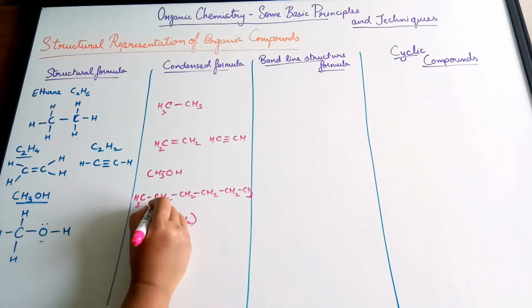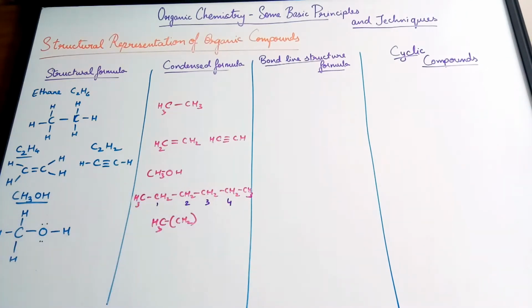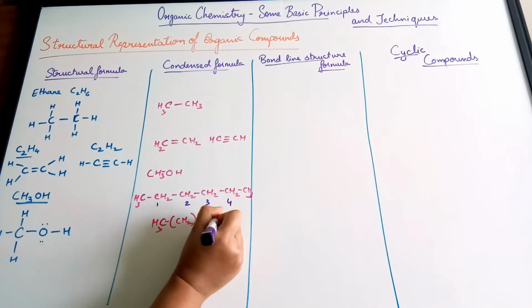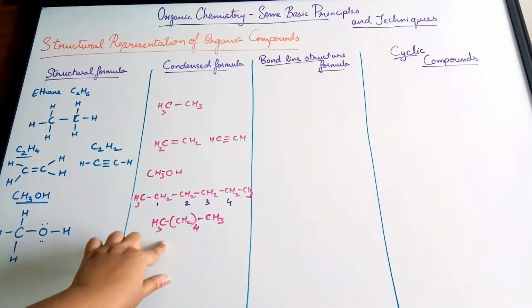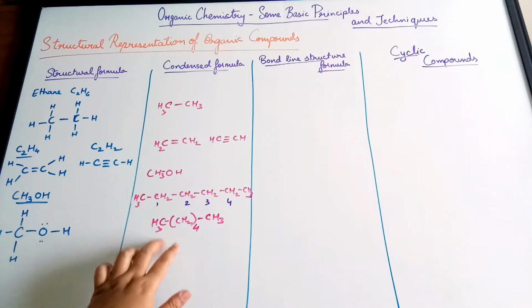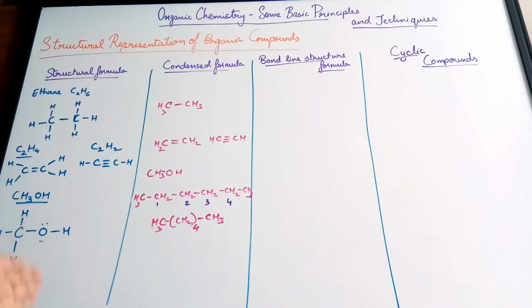So you have 4 carbon atoms in between, and we will just write it as a subscript and then CH3. Here also we have condensed the molecular formula to give us this. So this is a condensed formula. Imagine writing this particular structure over here. It is more time consuming, and that's why we have the condensed formula.